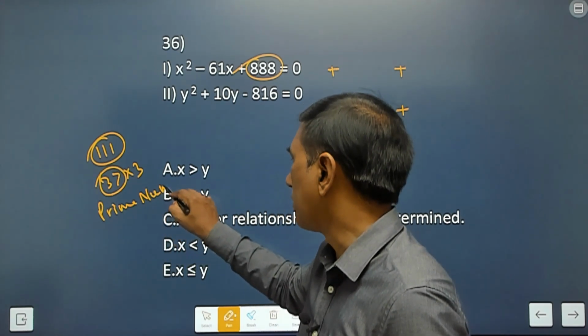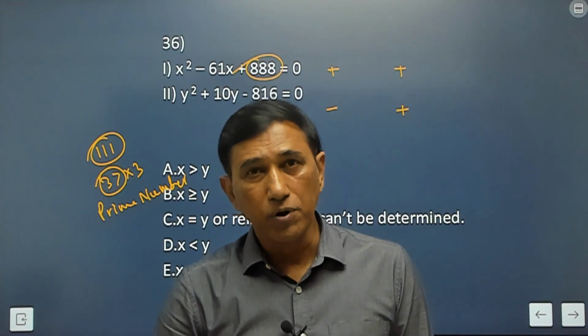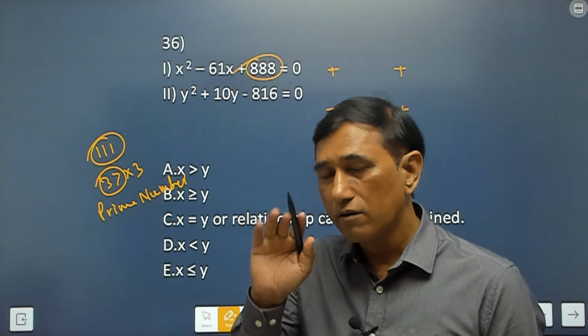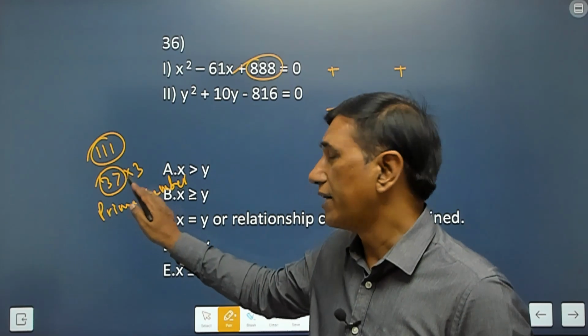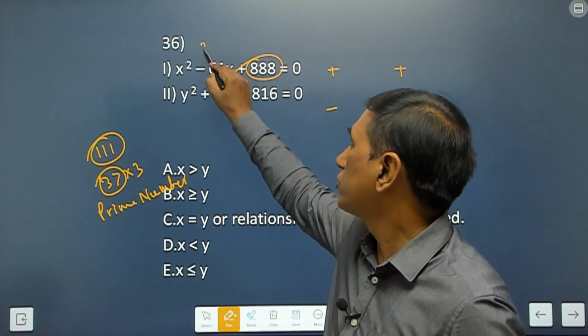This you have to remember. Whenever you have a number where all 3 digits are the same, you have to simply know that it is a multiple of 37. So one has to be 37.